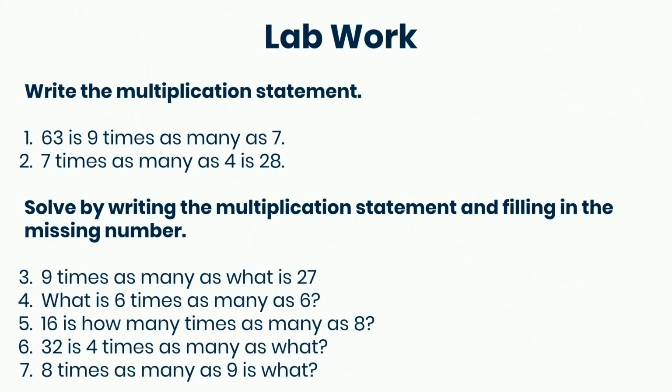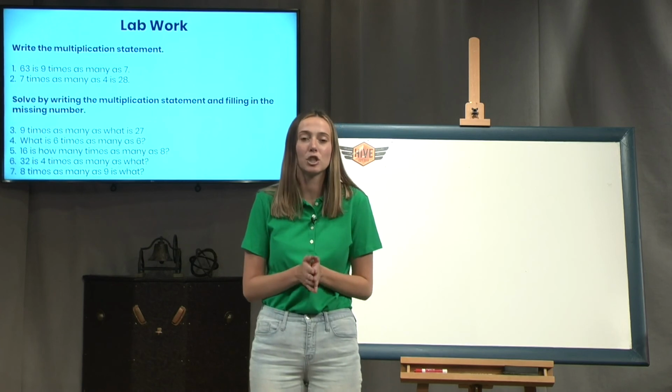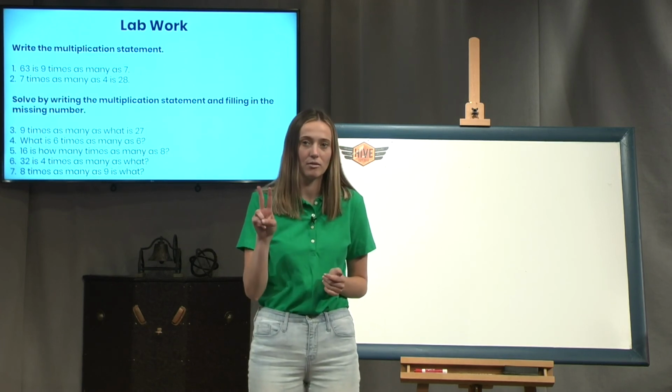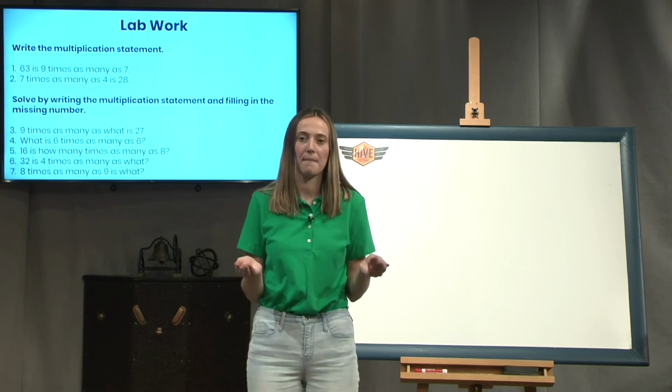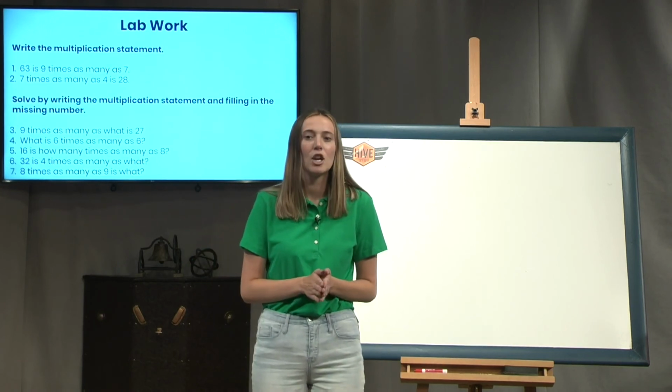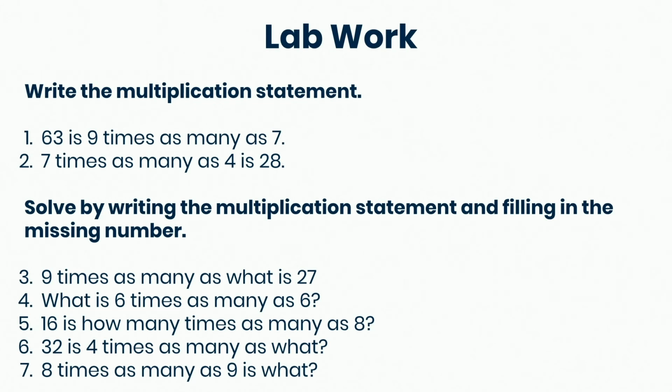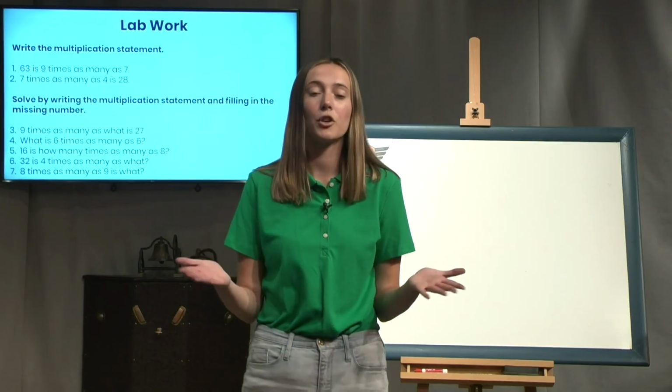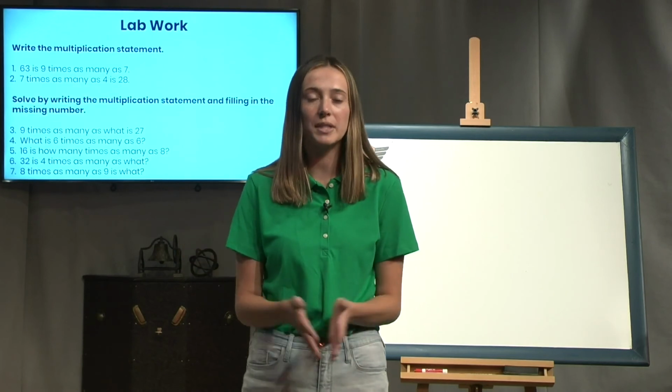So the first two, you're going to write the multiplication statement or interpret. So you need to interpret numbers 1 and 2. Remember what we do when we interpret. Then our next 3, 4, 5, 6, and 7, you're going to solve them. So remember when we solve them, we are looking for an answer. Okay, so you're going to do numbers 1 through 7.